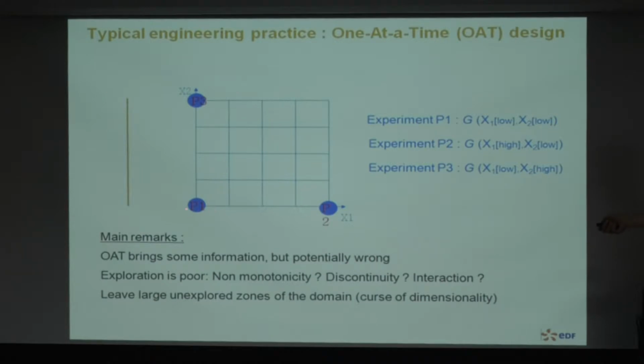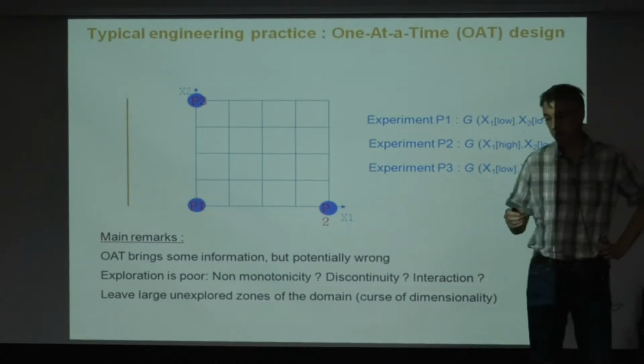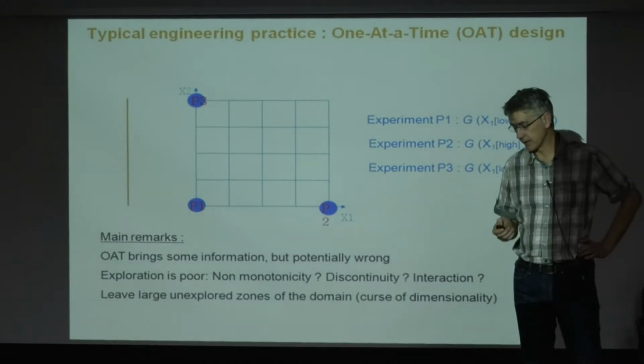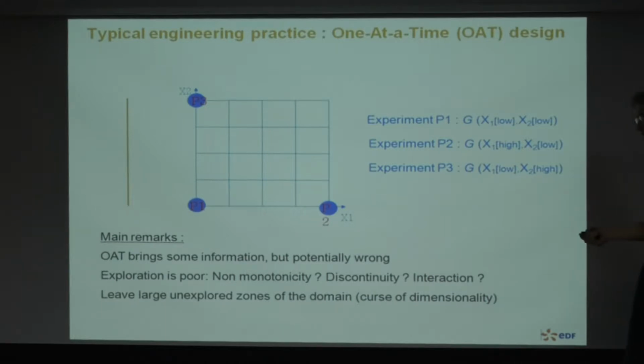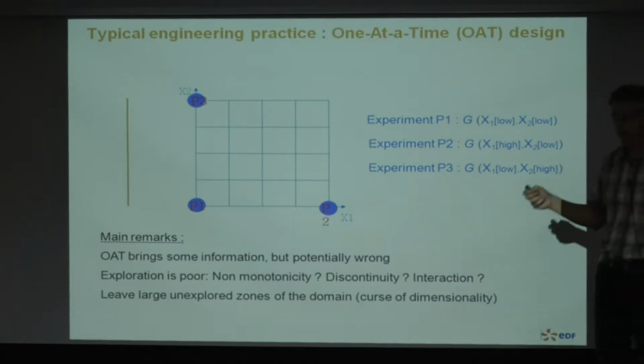Interaction means that the effect of one variable depends on the value of another variable. So maybe the effect of x2 is not the same when x1 is here than when x1 is here. This is an interaction.